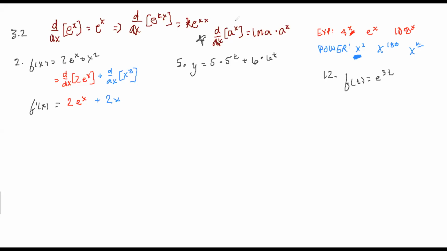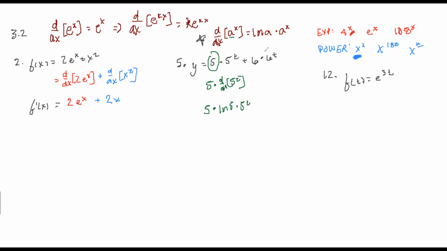So for number 5, the important thing to recognize is that you can't just combine these and say this is 25 to the t. It's not how it works. We're going to consider this to be a constant. So this is going to be 5 times the derivative of 5 to the t, which is 5 times the natural log of 5 times 5 to the t.